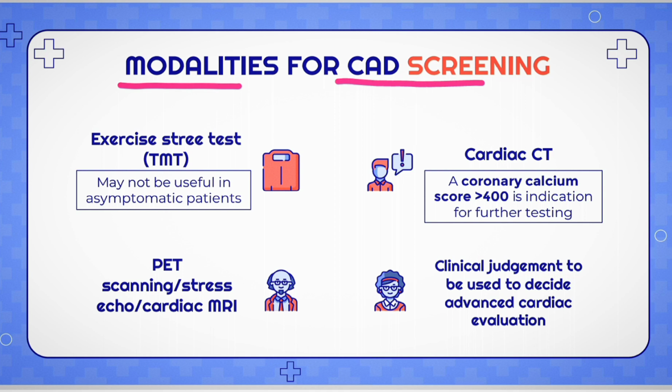Now let's discuss what are the modalities which can be used for screening in any patient with coronary artery disease. So the first one is exercise stress test. It is also known as cardiac stress test, and this cardiac stress test is a cardiological test that measures the heart's ability to respond to external stress in a controlled clinical environment, and the stress response in this test can be induced by exercise or by intravenous pharmacological stimulation, or in some cases we can use a combination of both exercise as well as the pharmacological stimulation.